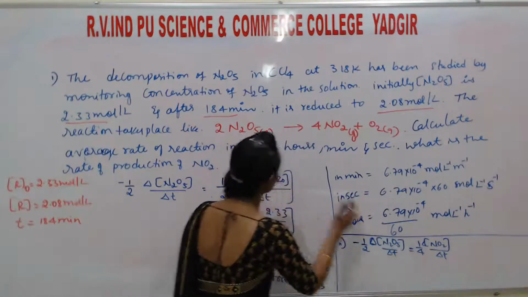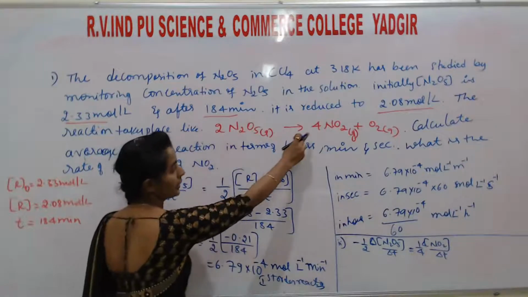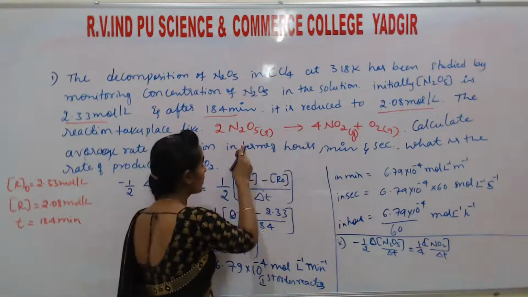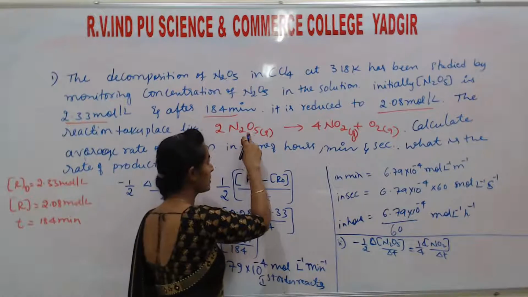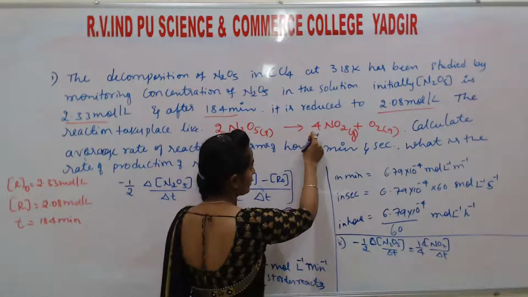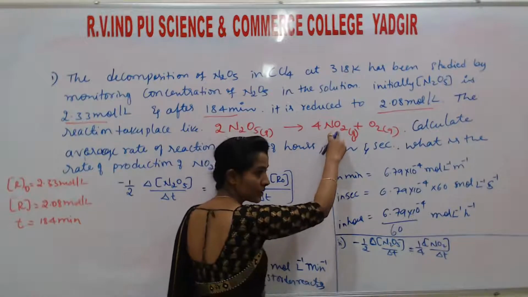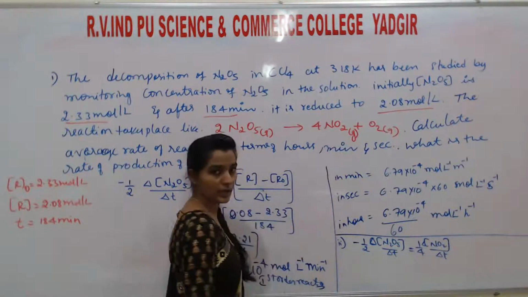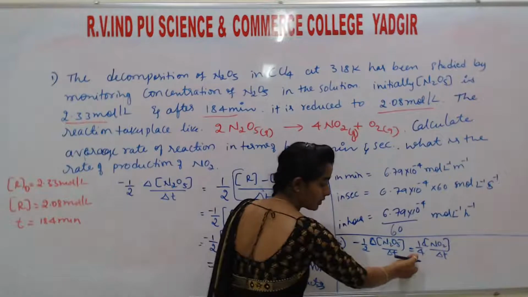By comparing these two, rate of reaction, we will write it like this. So 1 by 2 of reactant, that is change in concentration of N2O5 by change in time, is equal to 1 by 4 times of change in concentration of NO2 divided by change in time.